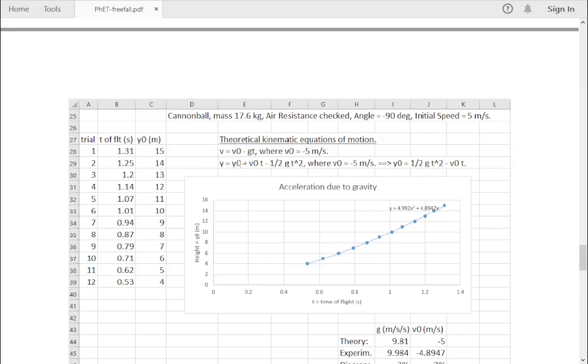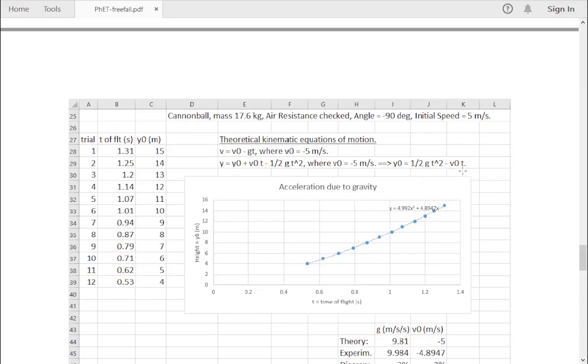So y0 plus v0t minus 1/2 gt squared is all 0 when t is the time of flight. Solve it for the initial height, and you get the initial height y0 is equal to 1/2 gt squared minus v0t, coming right out of this equation.